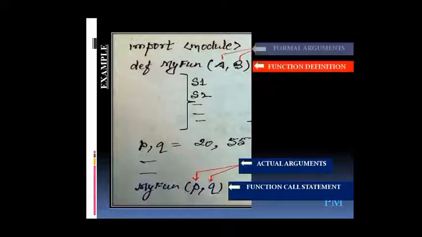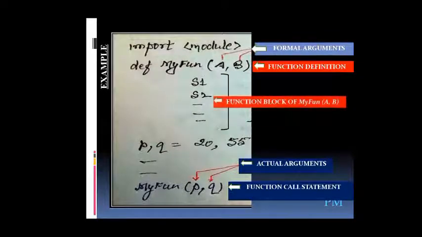In the upper part, the function has been defined, and since the function definition header exists there, a and b are passed there and will be called formal arguments. The moving arrow shows the function block, and the block contains a set of statements which will be there in the function definition. So this is the explanation about actual arguments and formal arguments which are present in different statements while writing a program.